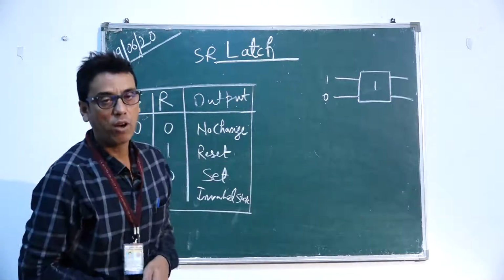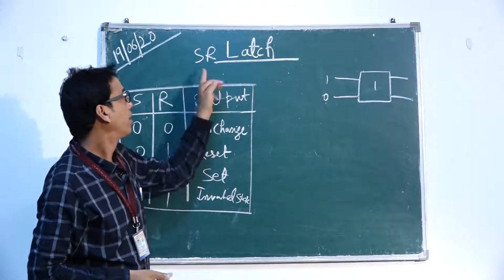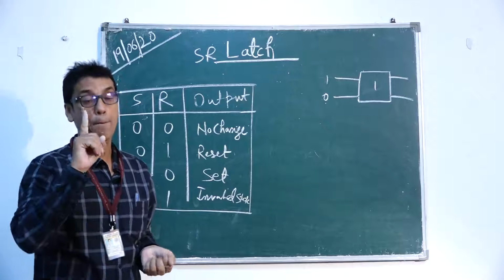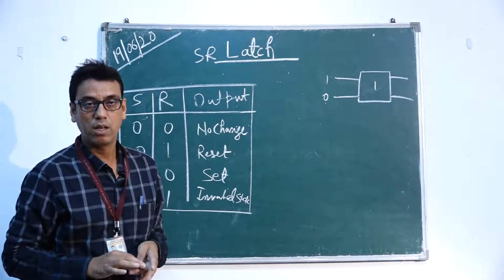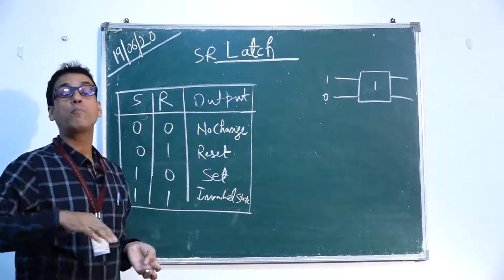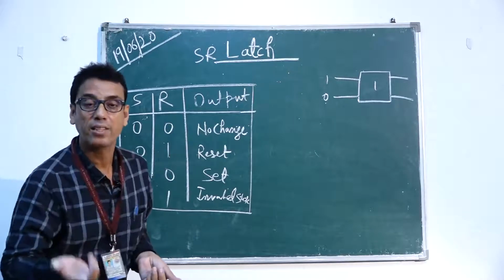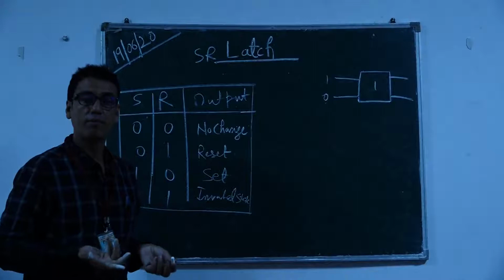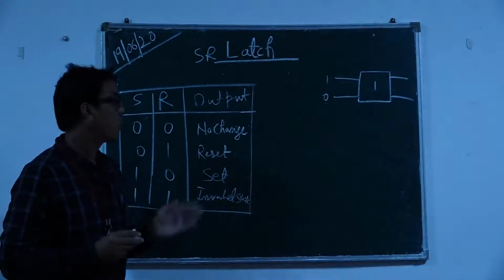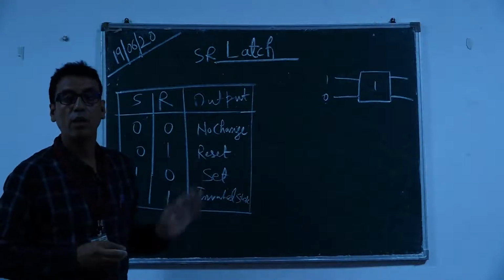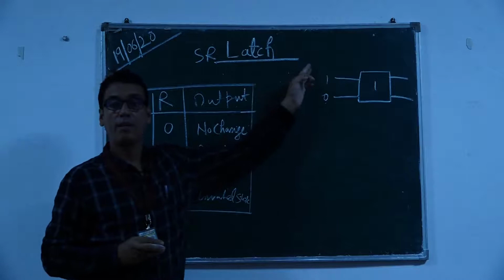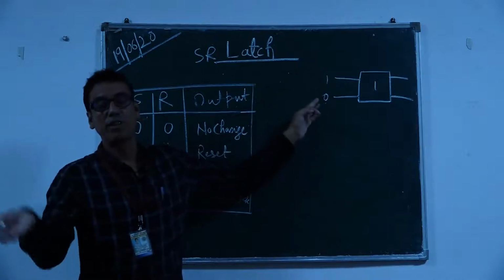As we have already learned, latch is a circuit which is used to store 1 bit of data. It has 2 input lines. What are the possible data that we can store in latch? Either 0 or 1. If I want to store 0, then I just say 0 1, and it will store 0.